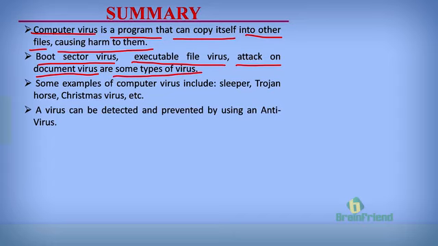Then we looked at some examples of computer virus: the sleeper, Trojan horse, and the Christmas virus, and so on. Now, a virus can be detected and prevented by using what? An antivirus.